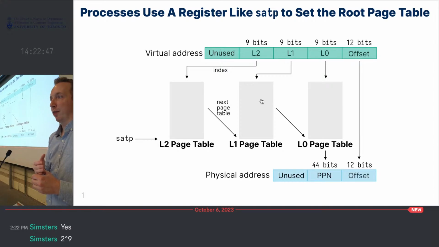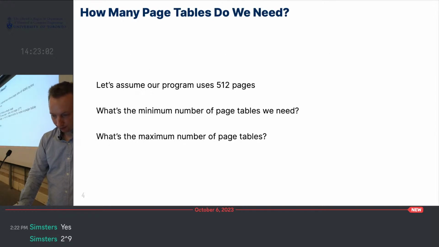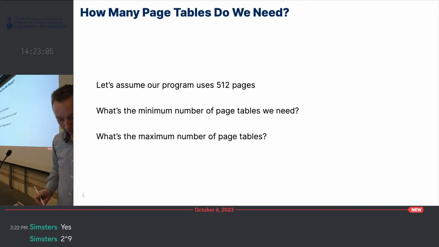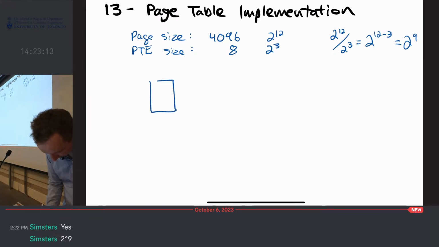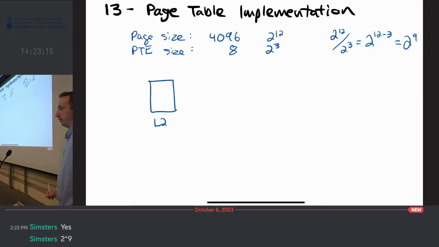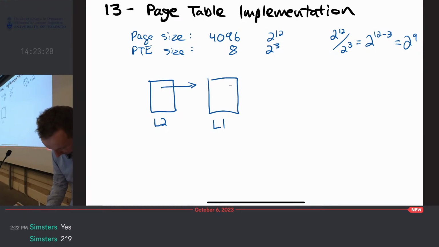Would it be 3 minimum, right? Everyone agree with that? Why 3 minimum? Exactly. If I'm using 512 pages in my program, the minimum I need is 1 L2 page table, which points to a single L1 page table, which points to a single L0 page table.